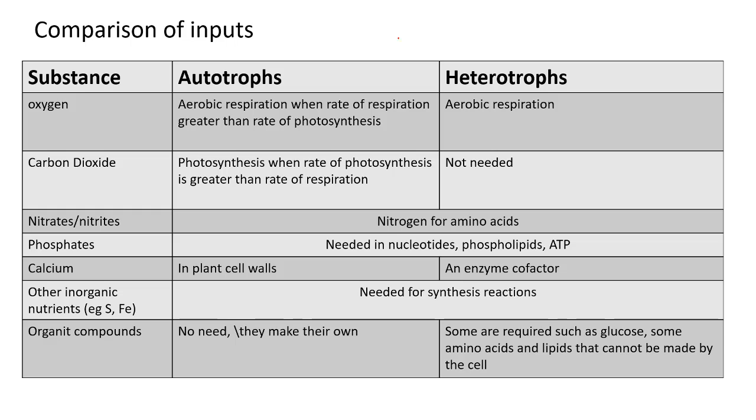So it really depends on what you are, what you need to get in, and what you need to get out. If we compare the things that different types of cells need, autotrophs don't need oxygen most of the time, but sometimes they do. If their aerobic respiration is higher than their photosynthesis, then they're going to need some oxygen.